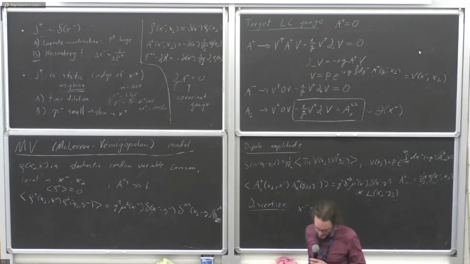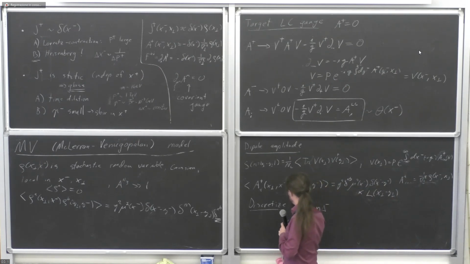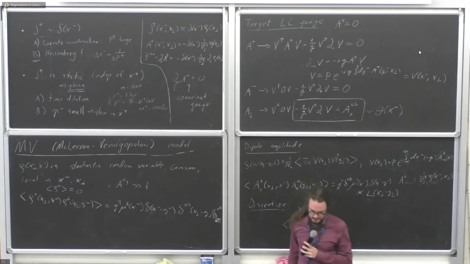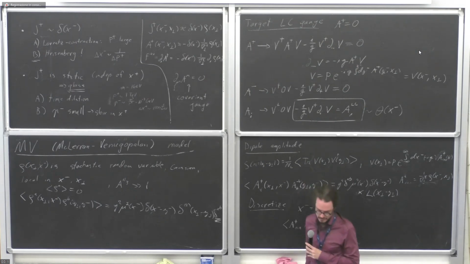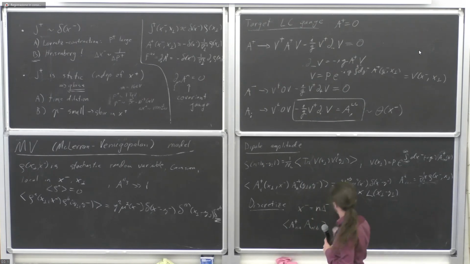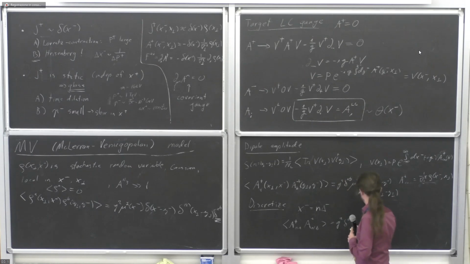And now my discretized A plus correlator is: I have A plus at n and A plus at n prime, and b, okay? And in this discretized version, I have the same g squared, same delta A b, same mu squared x minus.